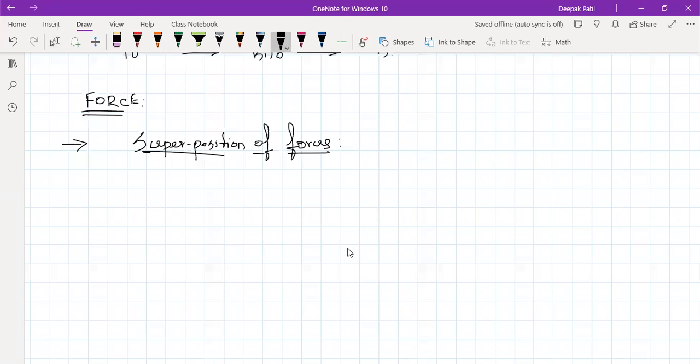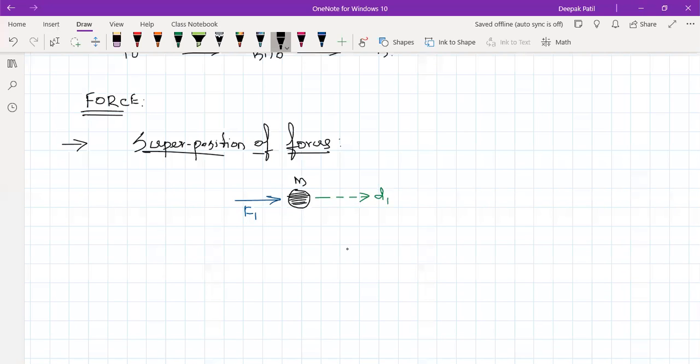Now let me explain the meaning of this. For example, let us take one body with a mass m. I will apply some force F1 on this body. Because of this force, the body will move by a certain distance, let that distance be d1.